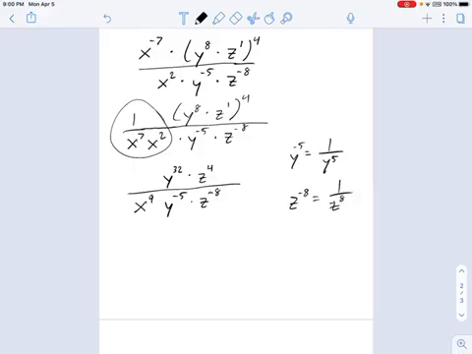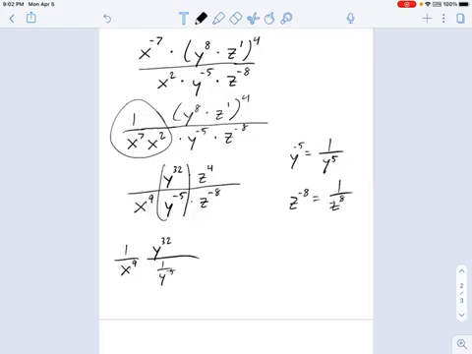So if these are in the denominator, what this is really telling me is that I have a fraction like this. And I'm going to deal with the y's all by themselves for a moment. I've got y to the 32nd power on top divided by 1 over y to the 5th.